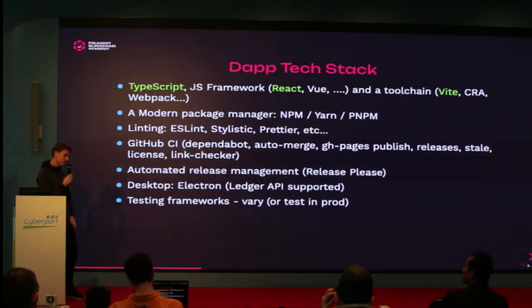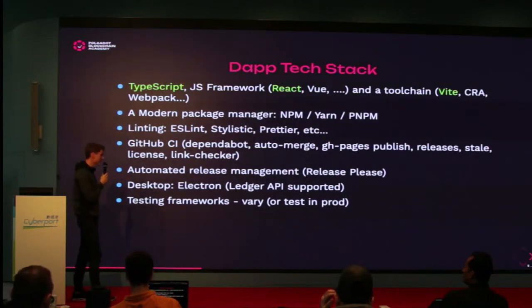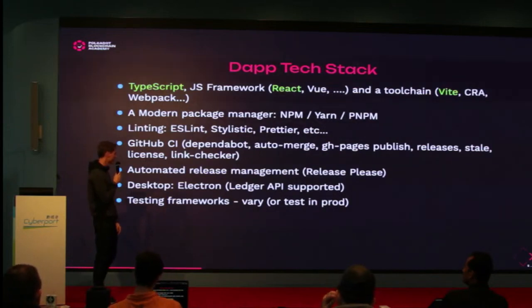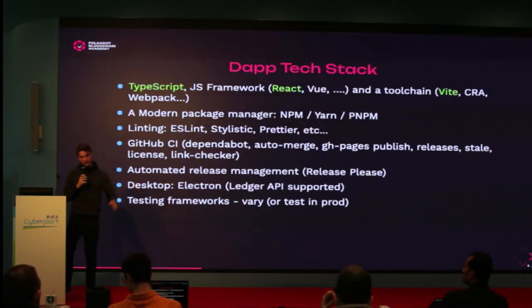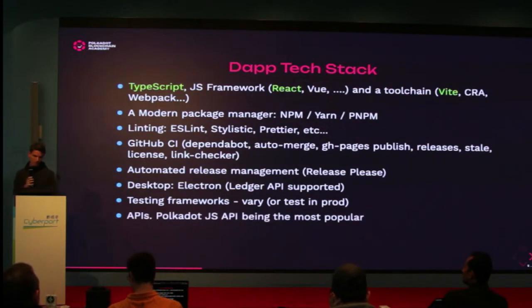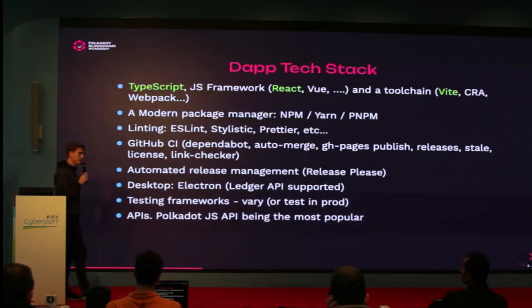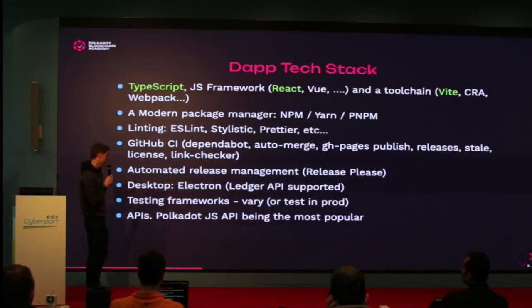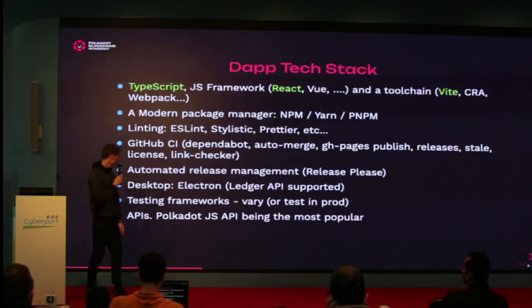Testing is not usually as comprehensive, let's say, as the protocol side. So testing frameworks and practices vary as well. Yeah, and we also obviously need an API to connect to the network. It's not very common to use the JSON RPC directly when connecting to nodes, so Polkadot.js API is the most common one to use.